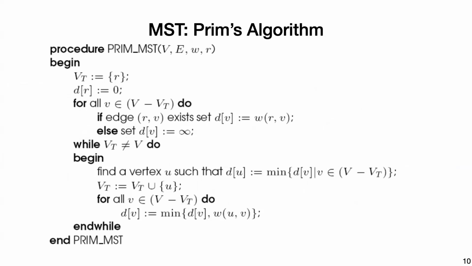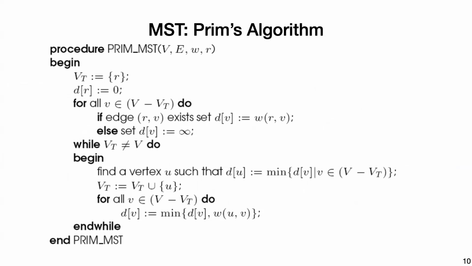This is just the pseudocode, serially. We start with some arbitrary vertex R. This V sub t is the vertices in the MST. We set d sub r, the distance vector entry, to 0. That's the current distance to that vertex, which is 0 because it's already in the MST.